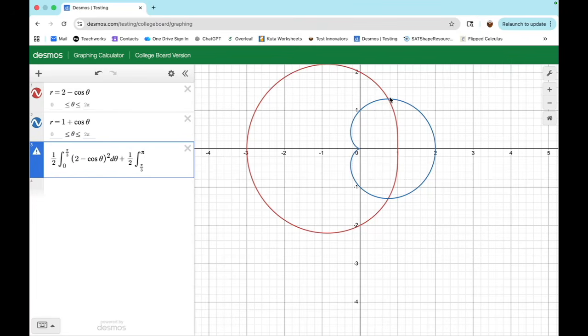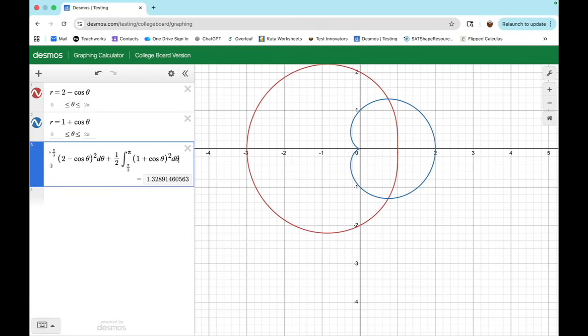And then when you go around, what's going to get you back to 0 is pi, because cosine of pi is -1, and 1 plus -1 is 0. So I'm only doing this portion. And then in that one, my 1/2 r squared is 1 plus cosine theta. Yes, I realize I have to change that to plus. d theta.